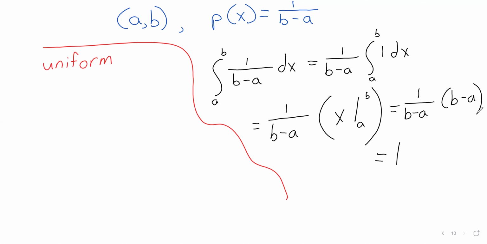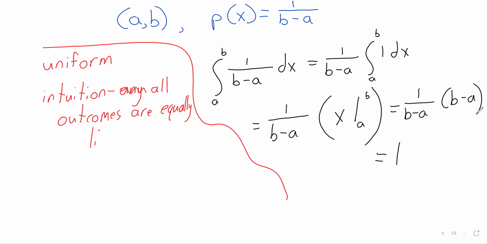This probability density function is called uniform. And your intuition here is that all the outcomes are equally likely. It's hard to talk about in English because, again, all the outcomes are always equally likely.